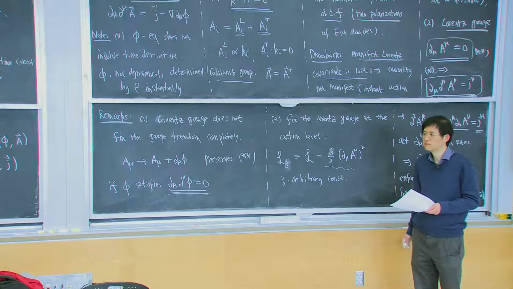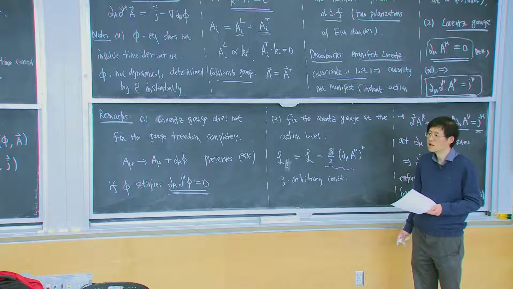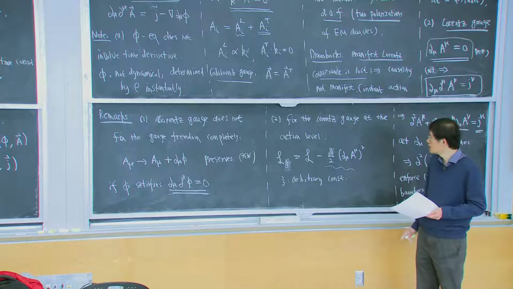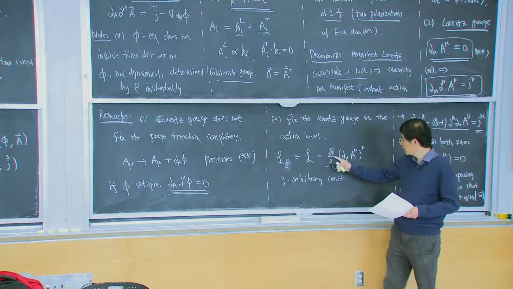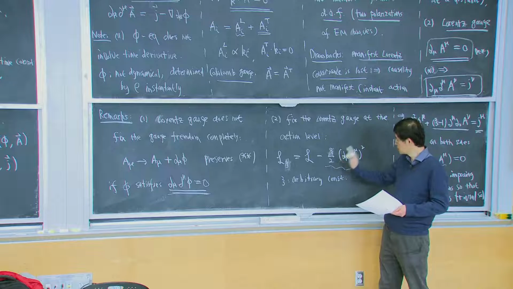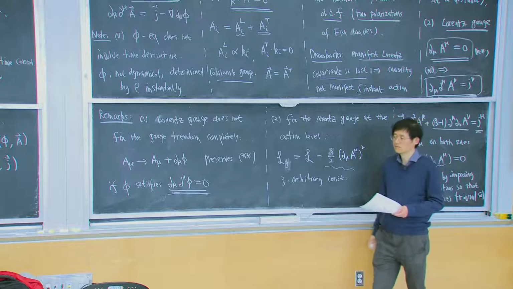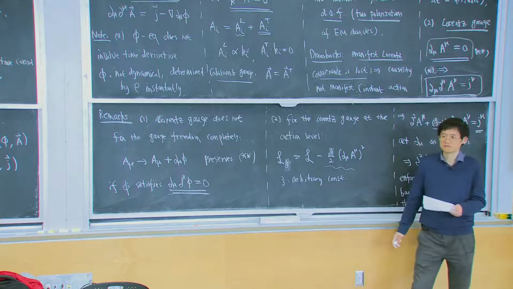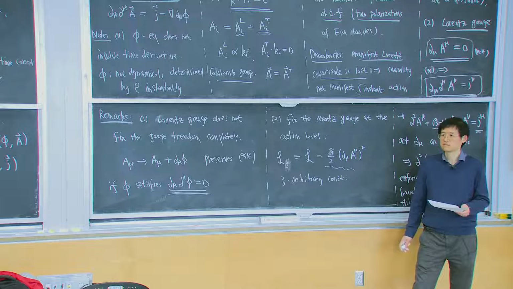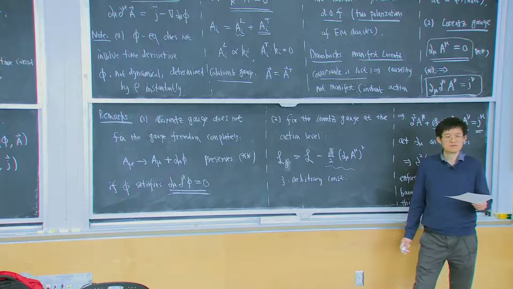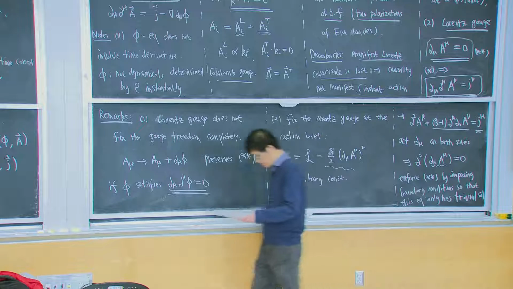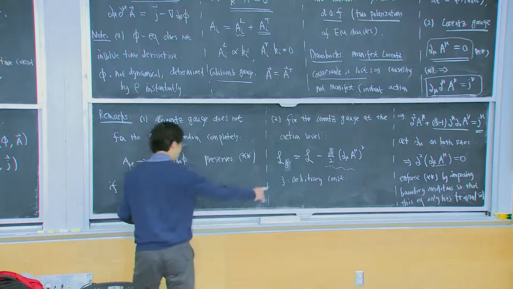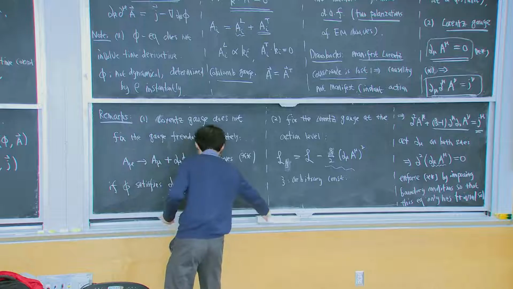So do we have an extra constant now? Yeah, we have an extra constant, but the physics should not depend on this constant. Other questions? Okay, good.